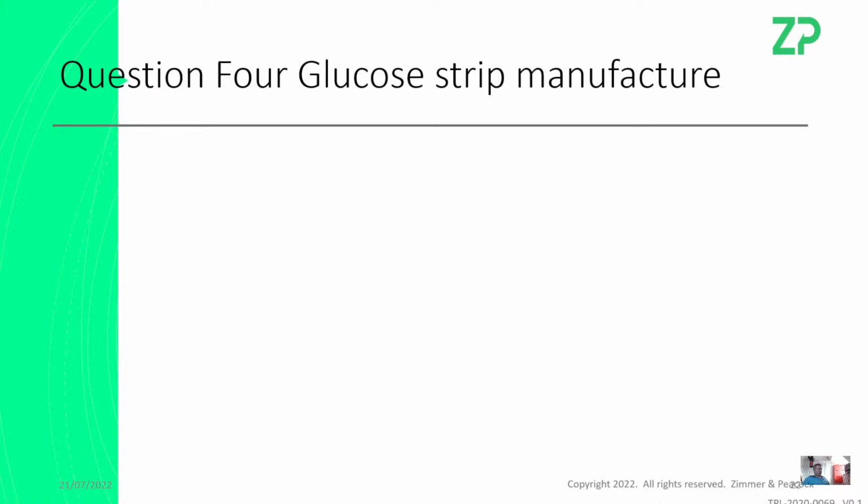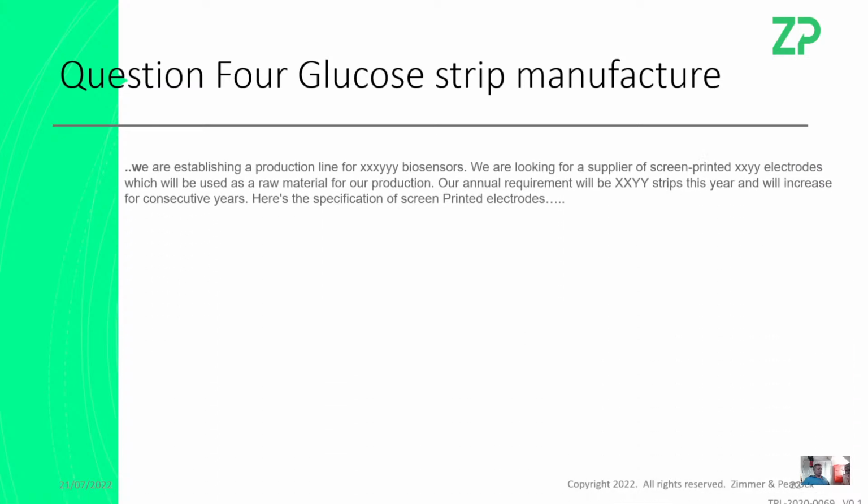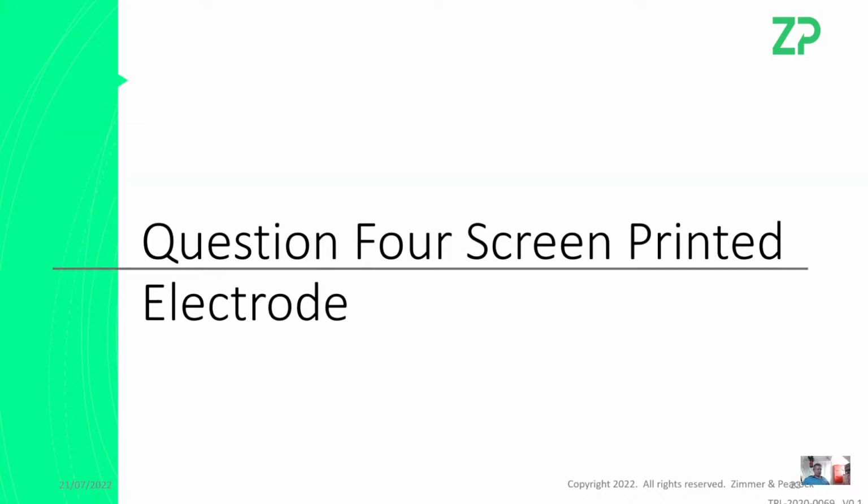Now, question number 4 was regarding somebody who wanted to make some biosensors. They want to make some screen printed electrodes in high volumes, and this happens quite a bit, that people will send us a specification for a screen printed electrode. I'm not going to discuss that specification, but I am going to discuss very quickly contract development and contract manufacturing of screen printed electrodes.